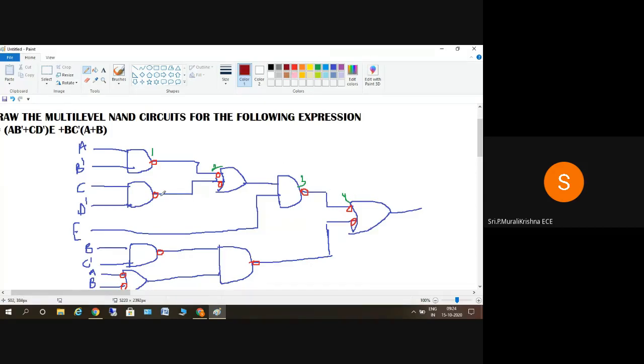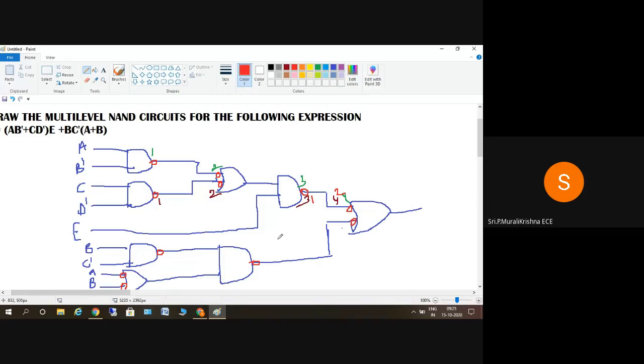And the second line: 1, 2, 3, and 4. So this is also okay. And check the value of E here. For E, we have one bubble, and it is compensated by the second bubble here.